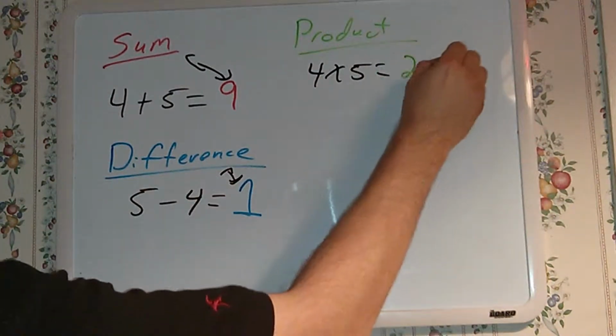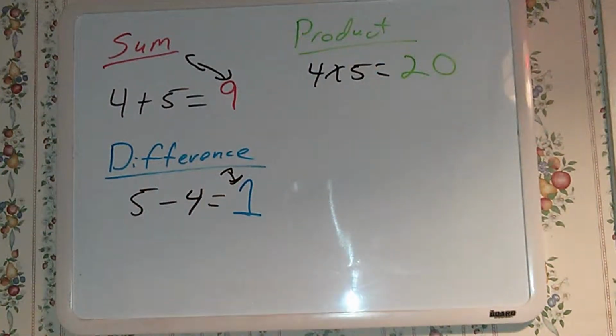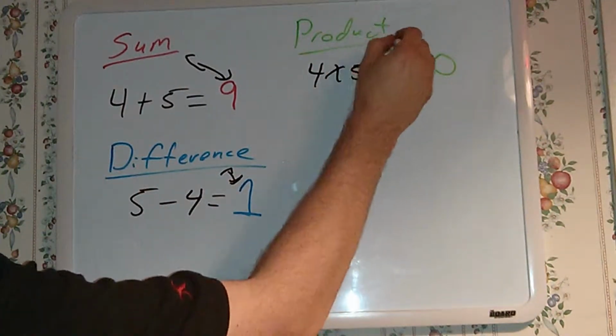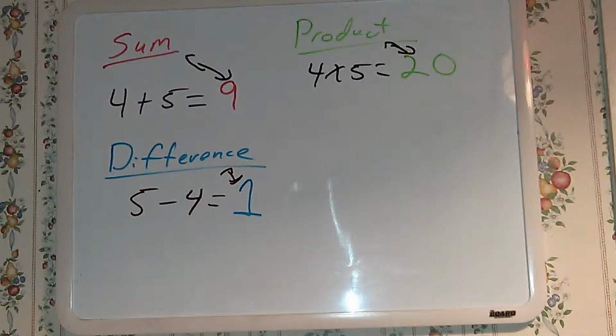And you get a result. Your result is called a product. Again, it does not matter how many numbers you're multiplying together. As long as you're multiplying, the end result is called the product. And the reason we're going over these is sometimes you'll see questions that say take the sum of and do this with it, or take the product of and do this with it.